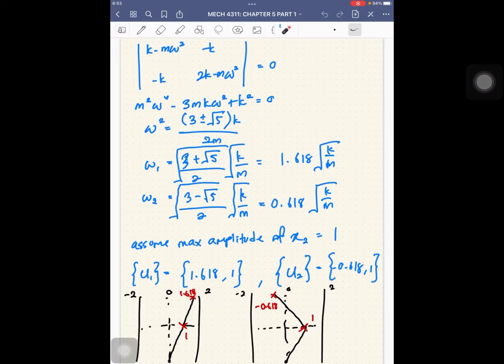Okay. For the second mode, we should have nodes over here, and antinodes over here, and nodes. So the vibration will be as I've shown before.